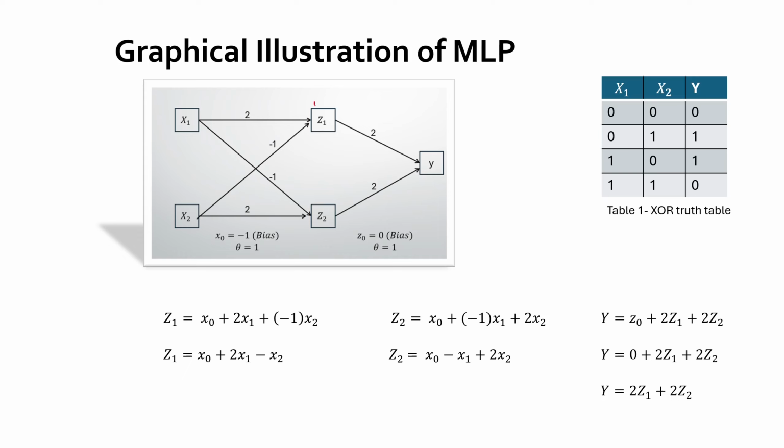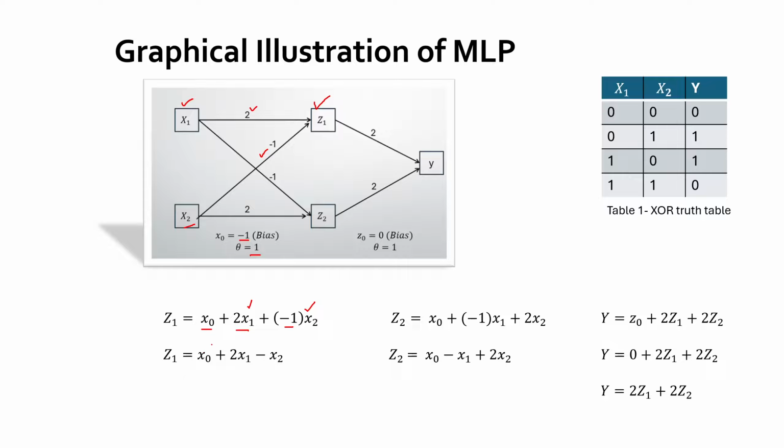So in this case at z1, where the bias has a value of -1 and the threshold theta is 1, the weighted summation will be calculated as x0, which is the bias, plus 2 of x1, where 2 is this weight and x1 is the input coming from the node x1, plus -1, the weight on the connection from the node x2 to z1, times x2, the input coming from the node x2.